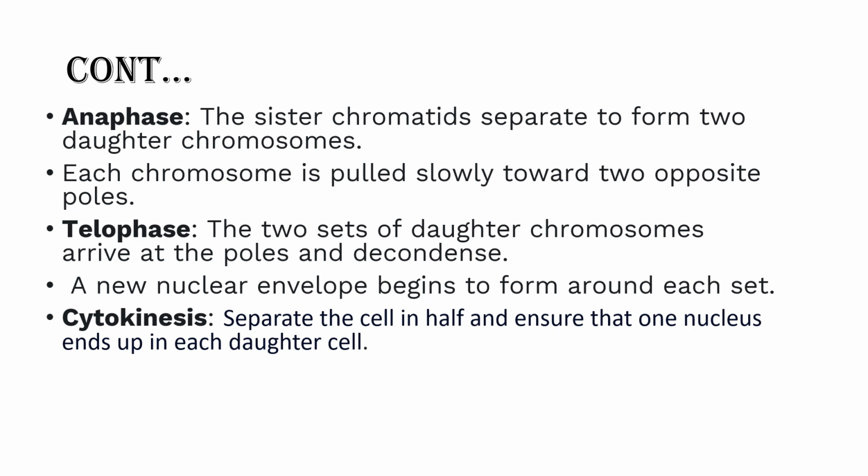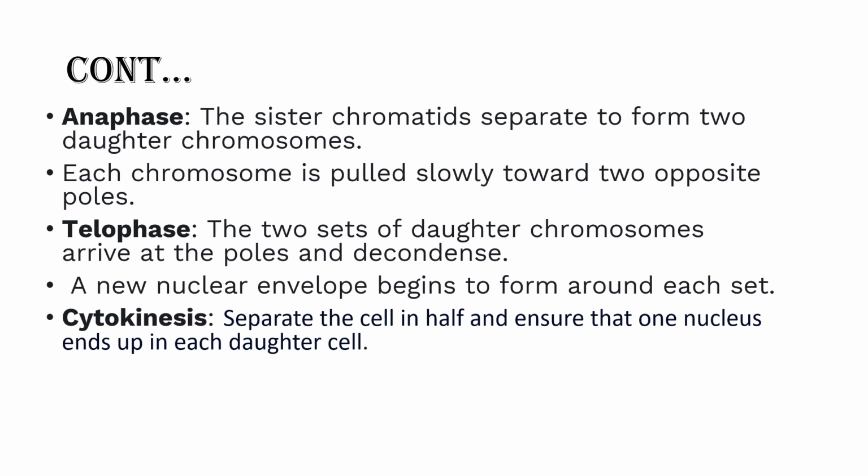In anaphase, the sister chromatids separate, and when they separate, they will form daughter chromosomes. When they form daughter chromosomes, each chromosome will be pulled towards the opposite pole. Then when we talk about telophase, we're talking about the process where cell division begins.